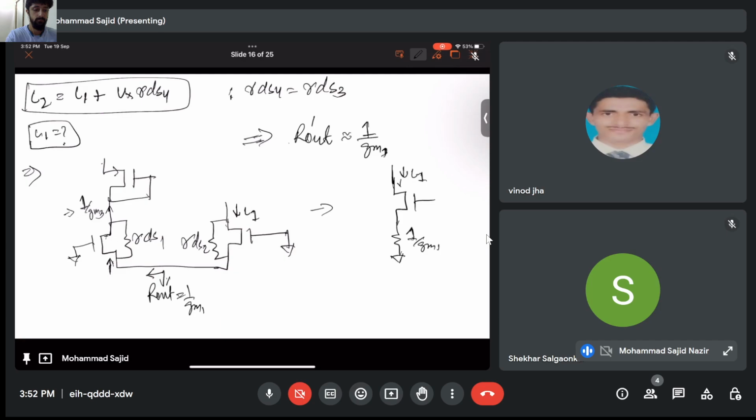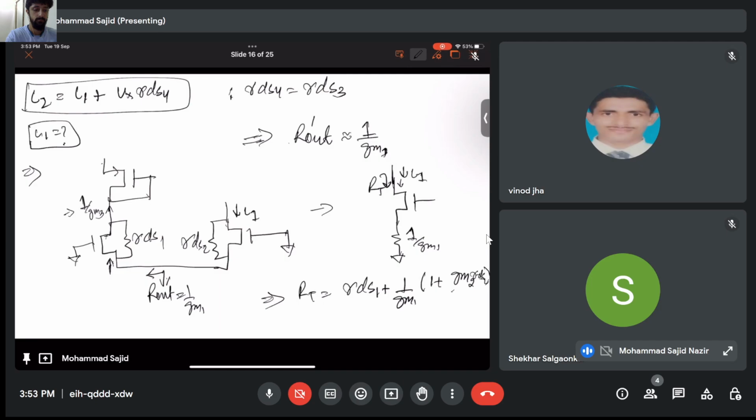Now, if I have to calculate the total resistance here, you know that if this is RT, looking into the drain terminal, it will be simply its own resistance plus the source resistance, that is 1 by GM1, plus its gain, that is transistor 2 RDS, right?